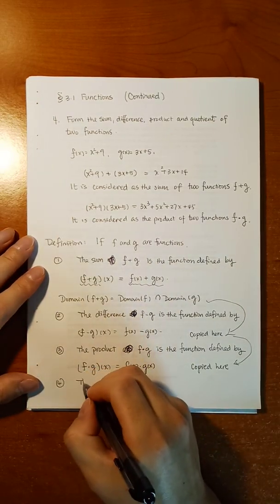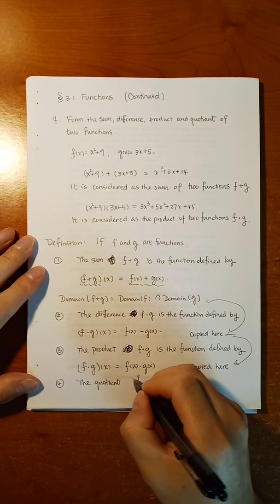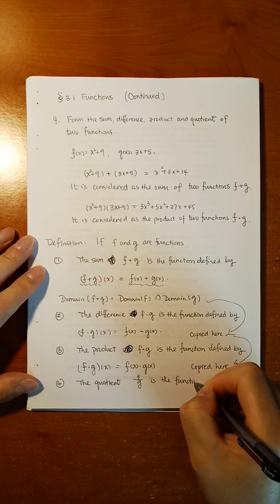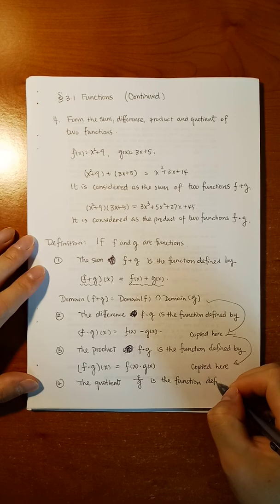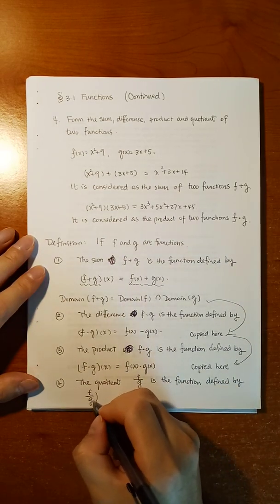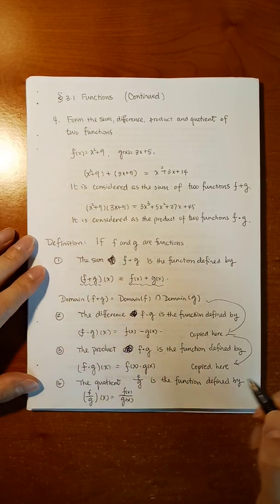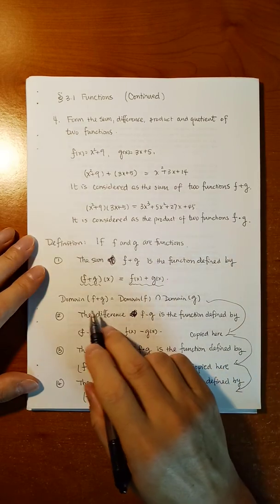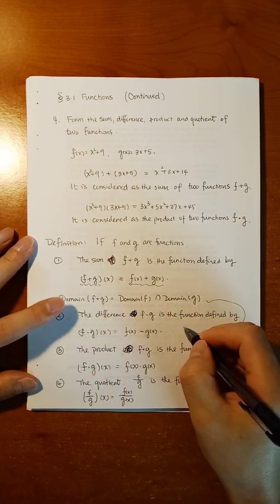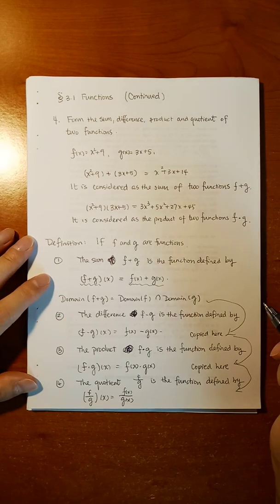And for the quotient, f over g is the function defined by (f over g)(x) is f(x) over g(x). Again, you're going to copy this condition. The domain of f over g, not just the intersection. For the difference, product, and quotient, the domain is related to the intersection.